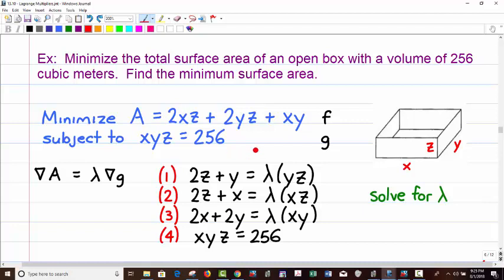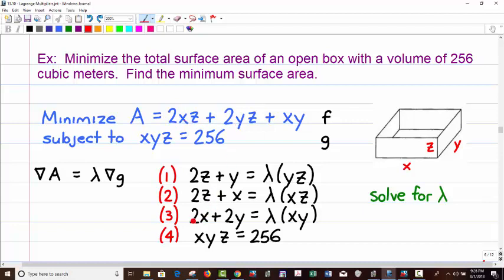Let's see what we have here. So I'm going to take the partials of this left side. With respect to x would be 2z, and that'd be 2y. No, excuse me, 2z, there's no x here, so that's 0, and then y comes from this derivative. All right. The next one, only the first two terms have z's, so the partial will be 2x plus 2y.